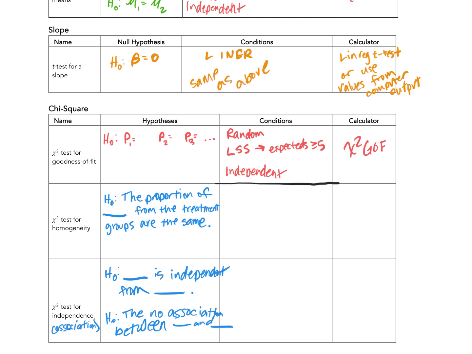Okay. Conditions for that. Both of these are run the same way, same conditions: random, large sample size, and independent. And in the calculator, you choose the chi-squared test.